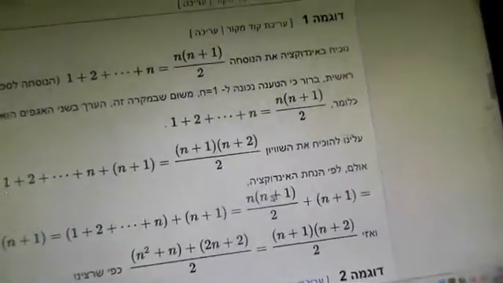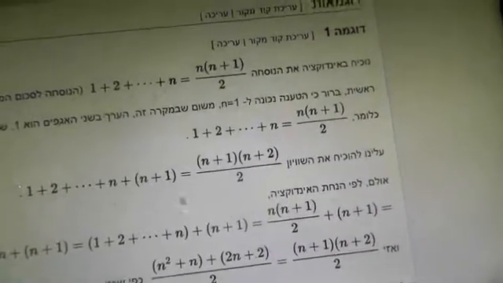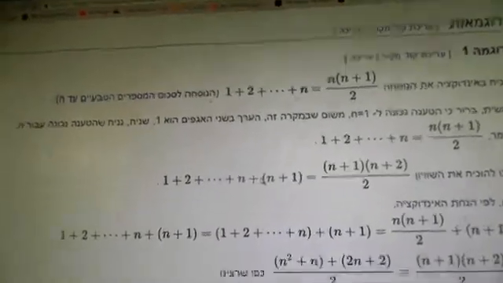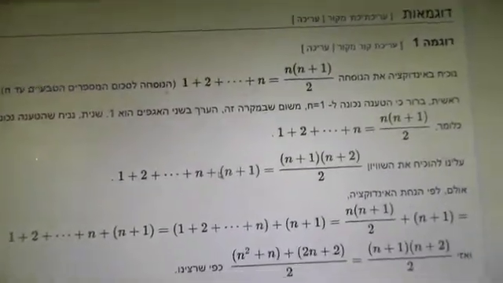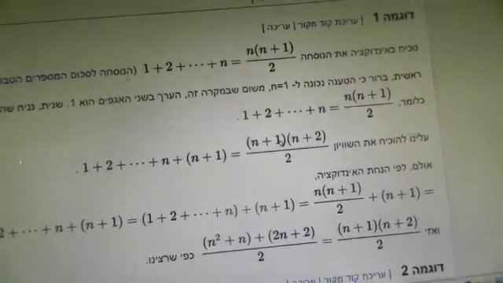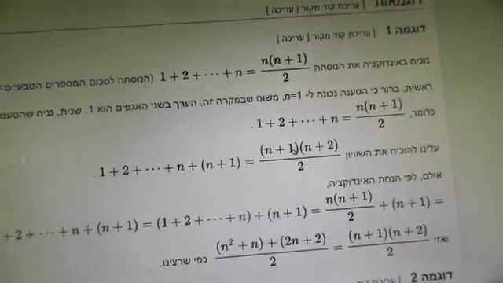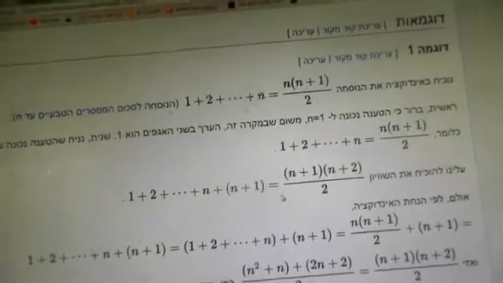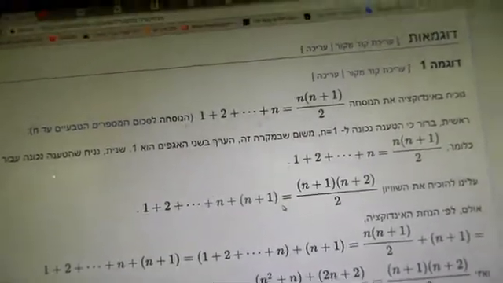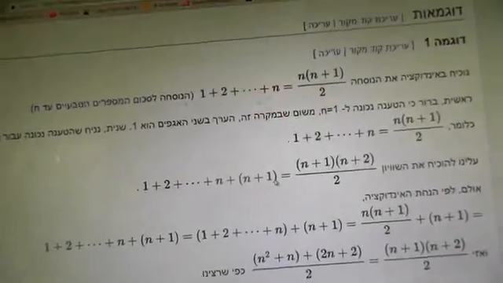We change it and we get that the left side of equation 2 is equal to the right side of equation 2. So that is the way that we proved that the second equation is also true.